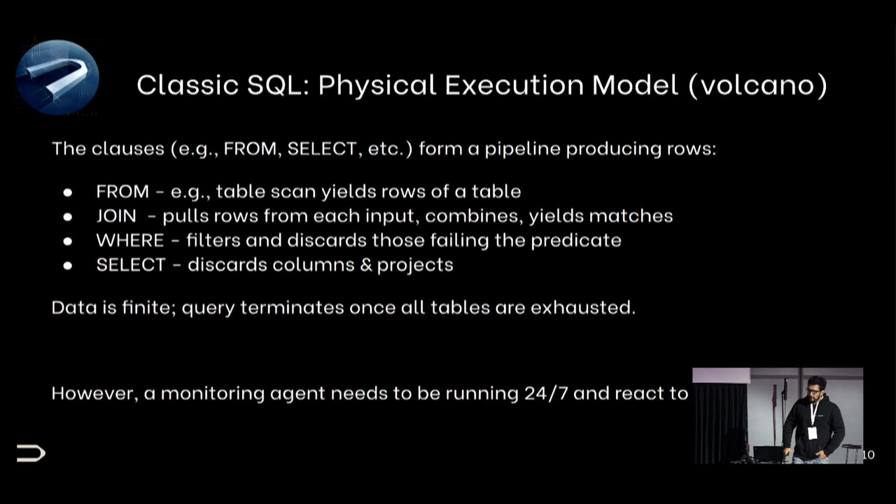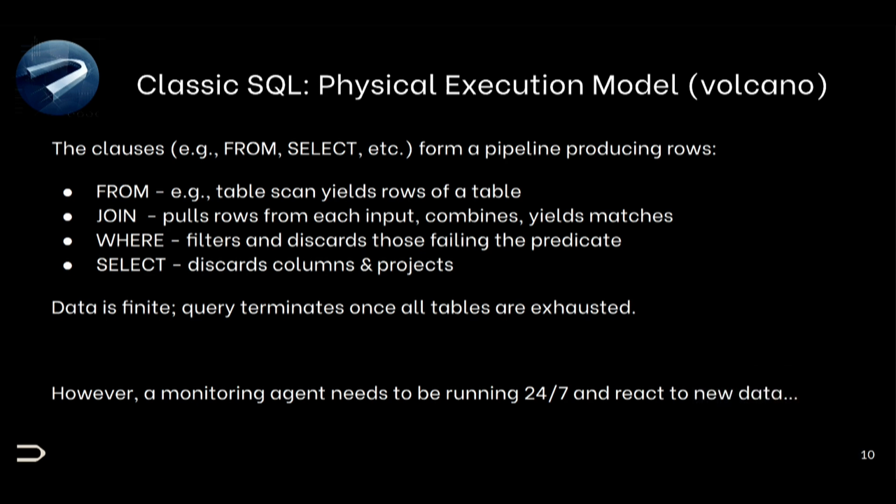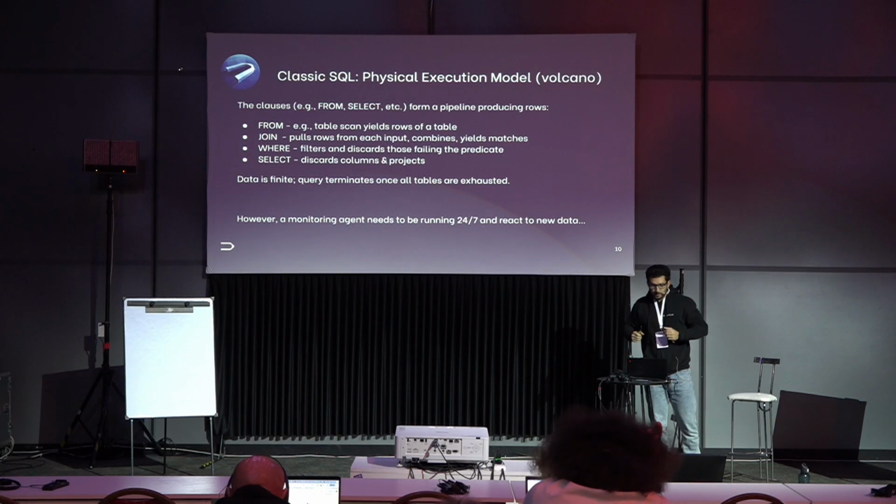Okay, and in terms of the execution sequence, in a nutshell, the way you think about a query, you have to first look at the FROM clause, and the FROM clause pulls rows from a table. The JOIN takes rows from the other table and adds the columns from the other table as well.